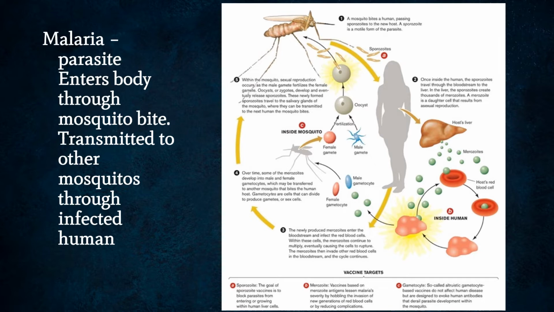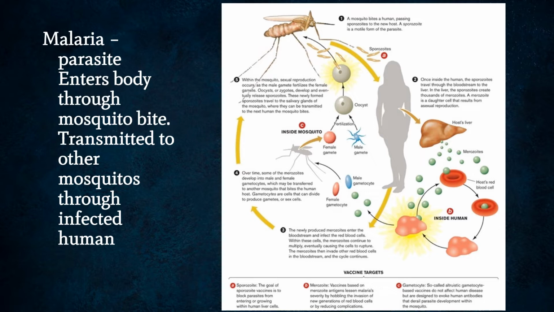The sporozoites travel through the bloodstream to the liver. In the liver, they create thousands of merozoites, which are the daughter cells of that parasite. Then the merozoites enter the bloodstream and infect the red blood cells. Within these cells, the merozoites continue to multiply, eventually causing the cells to rupture. The merozoites then invade other red blood cells in the bloodstream, and the cycle continues.